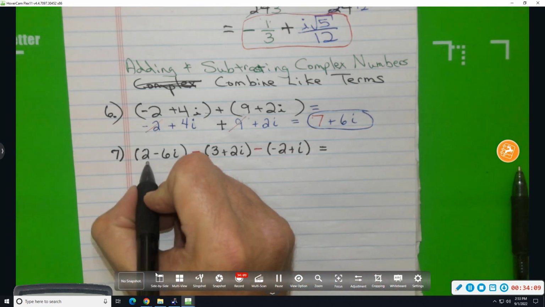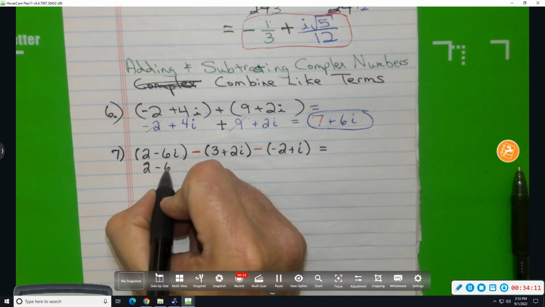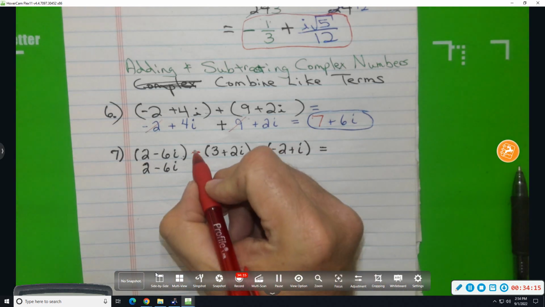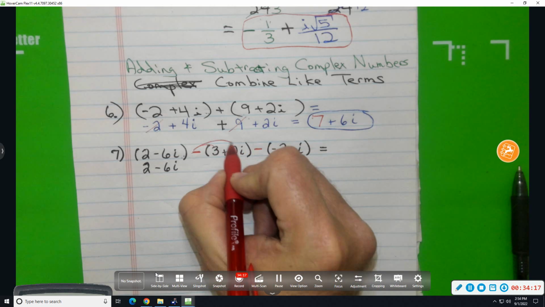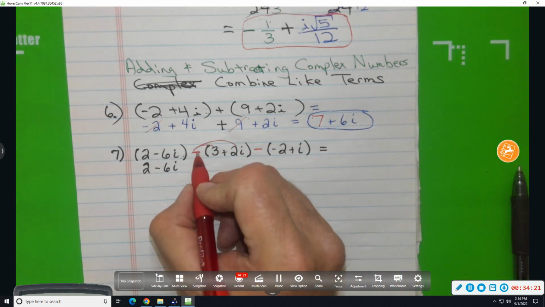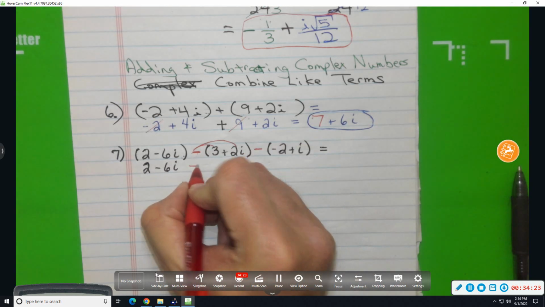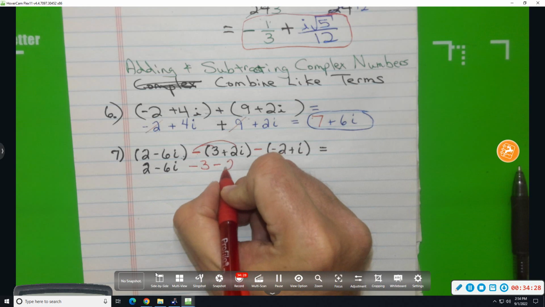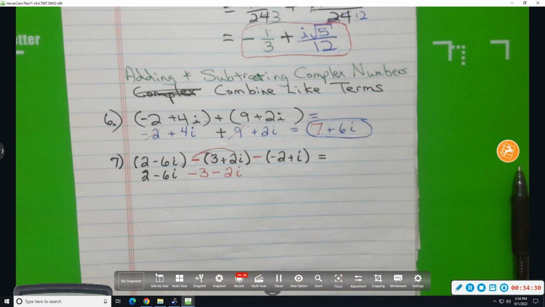So we have 2 minus 6i. I'll call that first set of parentheses unnecessary parentheses. Now distribute the minus. So it's going to be a minus 3 and a minus 2i.